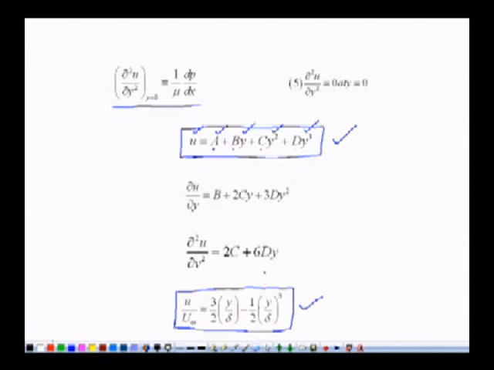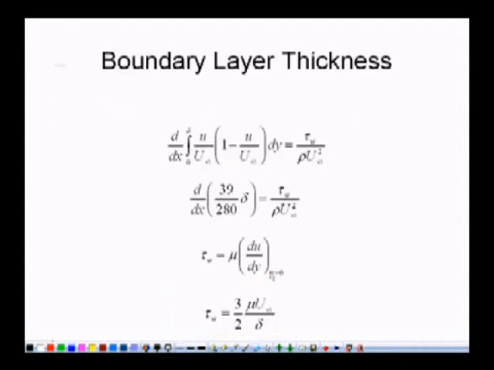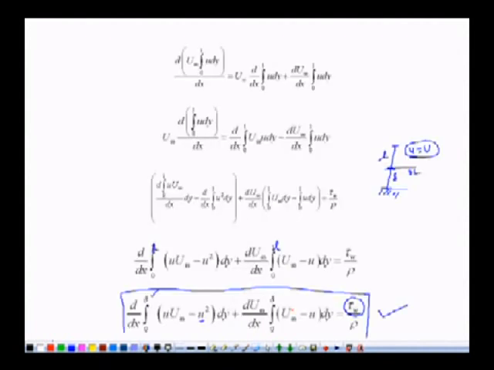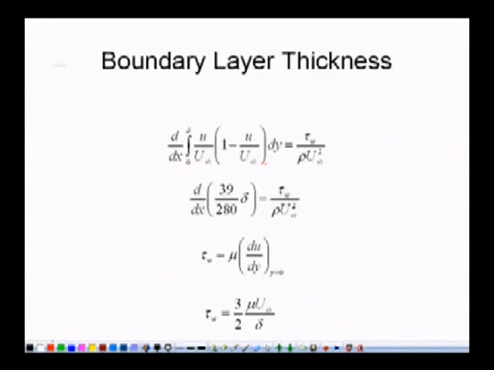Now if we want to solve the problem for the shear drag and boundary layer thickness with the help of von Karman's momentum integral equation, we can solve it. In von Karman's momentum integral equation, for a flat plate this term is 0, because du infinity over dx is 0. Then the remaining term is d over dx of the integral from 0 to delta of u times u infinity minus u, dy, equal to tau w divided by rho.